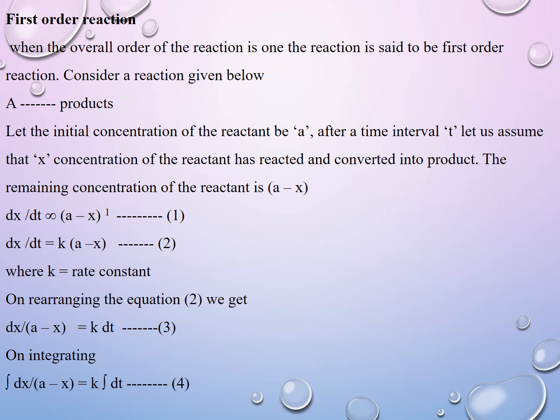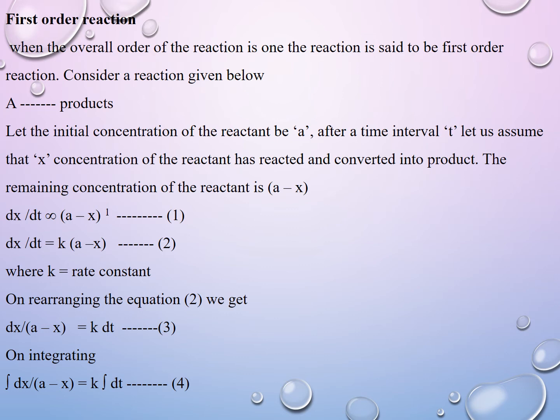Let the initial concentration of the reactant be a, and after a time interval of t, let us assume that x concentration of the reactant has reacted and converted into product.